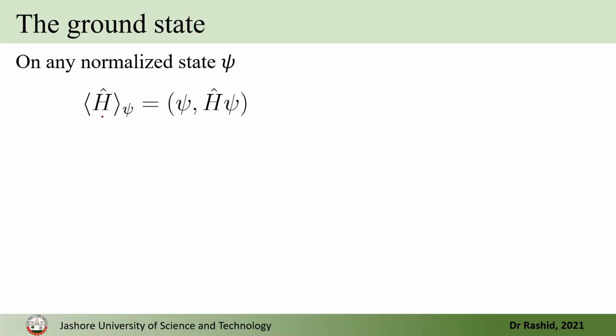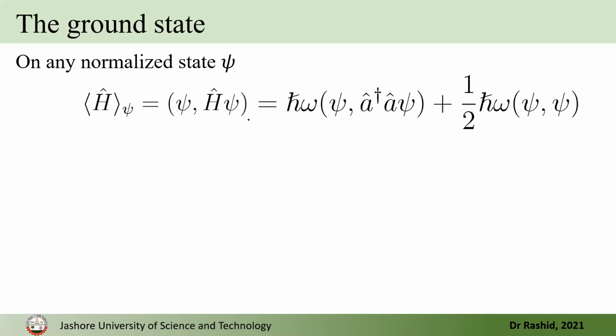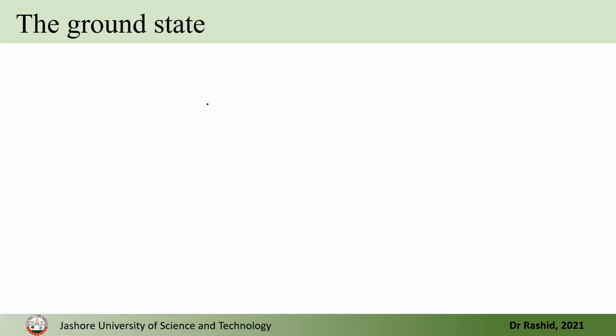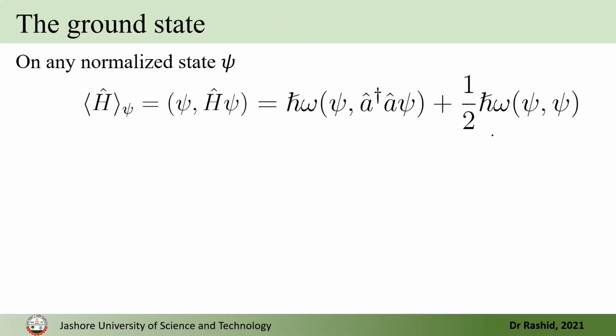So the expectation value of the Hamiltonian operator is written this way. Now we know that the Hamiltonian operator involves the number operator, that is A hat dagger A hat. If we write them, this becomes two terms. One involves this A hat dagger A, and another is simply a number, because we have assumed this is normalized, so the inner product of psi with itself is 1.